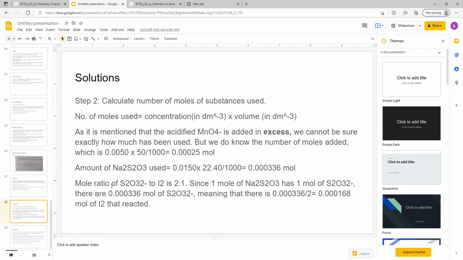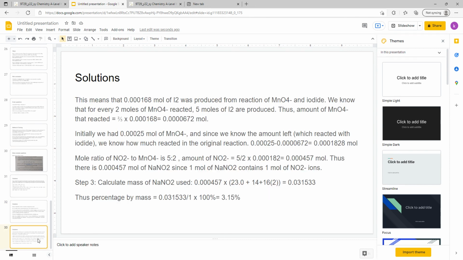So the number of moles of Na2S2O3 will be the same as the number of moles of S2O3 2-, which is 0.000336. So since the mole ratio of S2O3 2- to I2 is 2:1, there is 0.000168 moles of I2 that reacted.